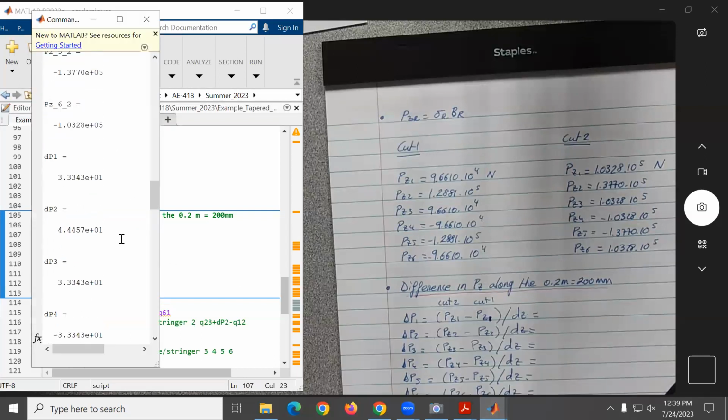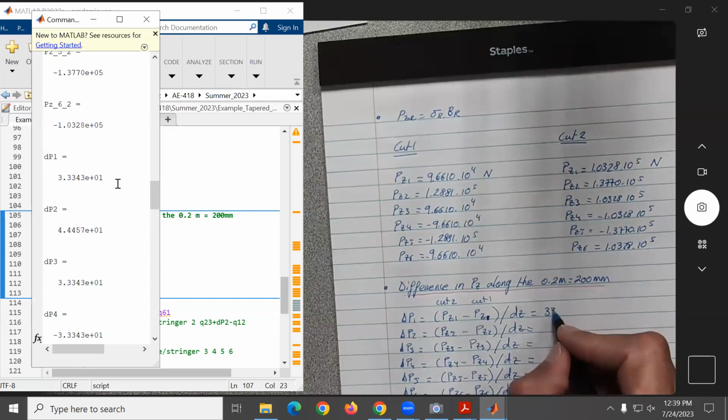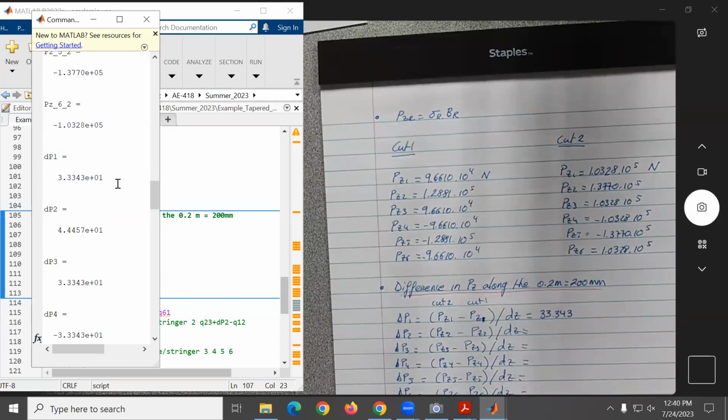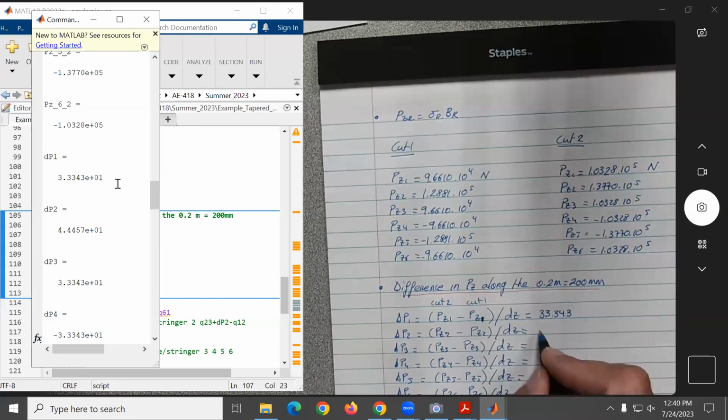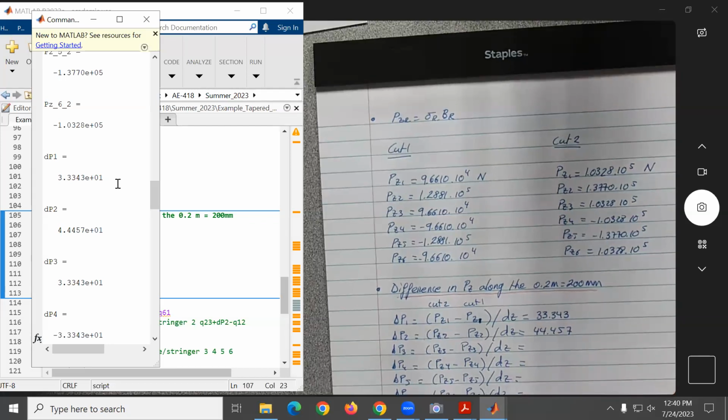Okay, and that's given here. Let's see, 33.343. For the first one, 44.457. Then 33.343, the same thing as before.